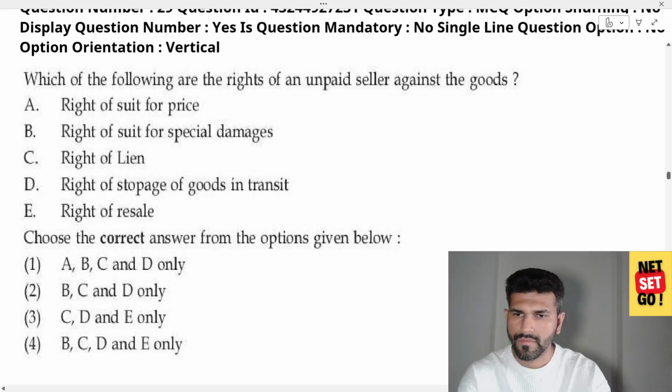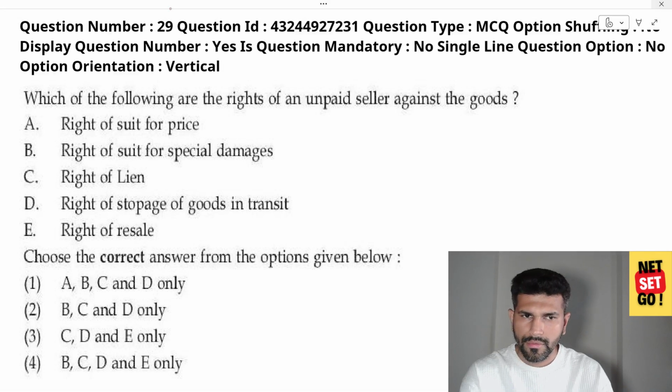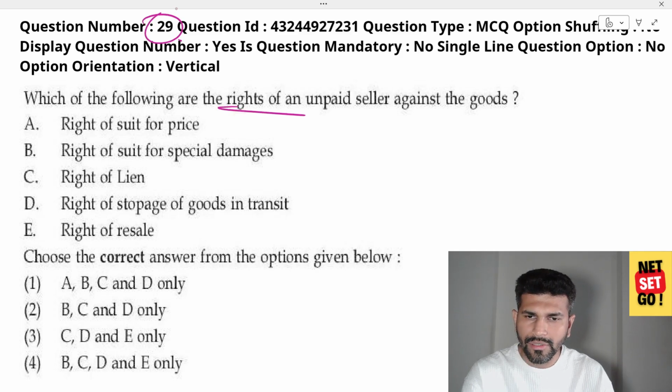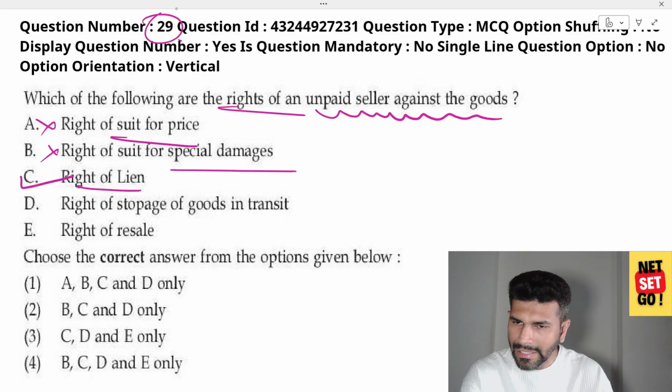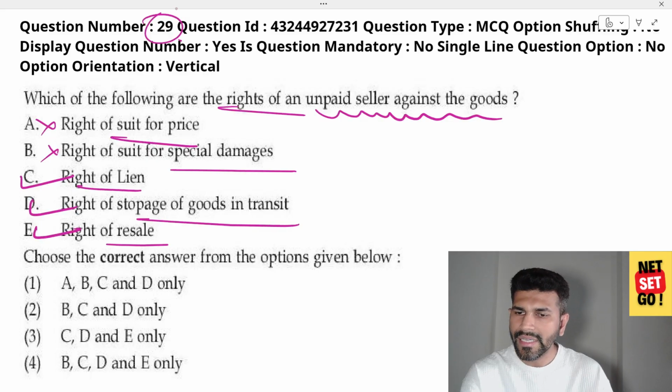Next, which of the following are the rights of an unpaid seller against the goods? Right of suit for price? No. Right of suit for special damage? No. Right of lien, right of stoppage of goods in transit, and right of resale. C, D, E are correct.